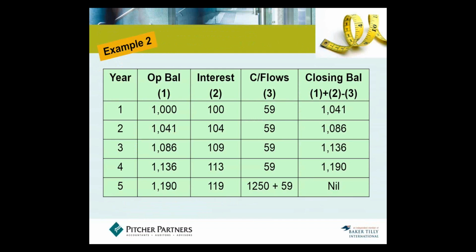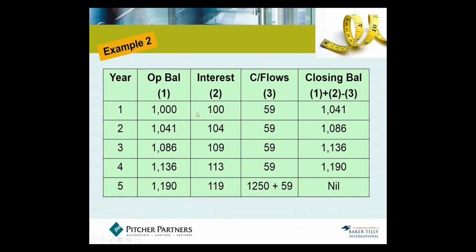Next step, so the first step is to do a timeline of our cash flows. The second step is to do an amortization table. So our opening balance of our loan is 1,000. Remember our effective interest rate is 10%, so you apply the 10% on the opening balance of 1,000.